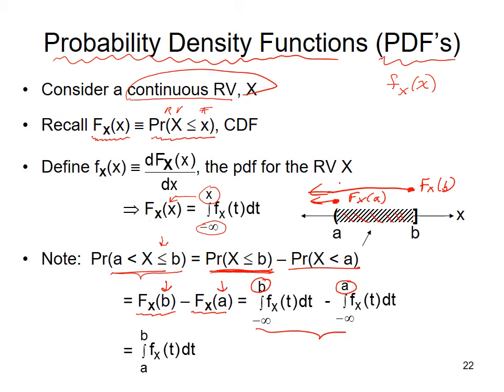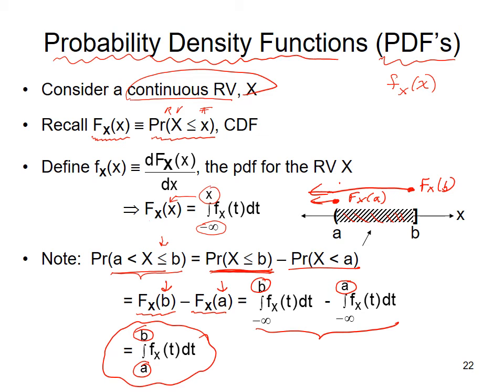And from calculus, you know that if you integrate all the way up to b, and then subtract off the integral all the way up to a, what you get is the integral between a and b. So this is really important now. This tells us that if I'm using the little f function, I need to integrate little f between a and b.